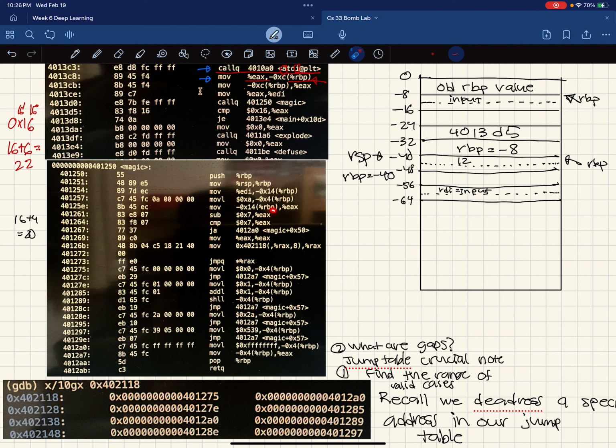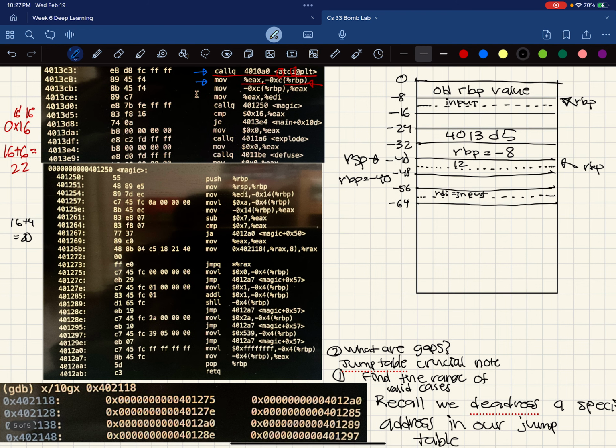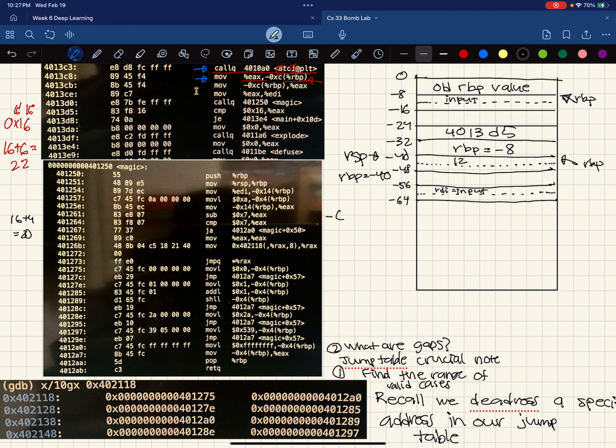So now this thing right here gives you a hint on the ranges of this switch statement. For example, let's just test. What if the input looks something like 1? Then we subtract 7 from it, so we get -6. Then we compare -6 with 7, and we jump above.